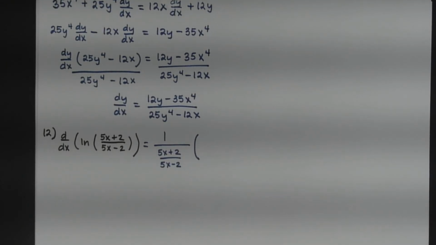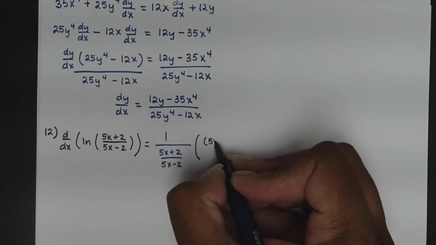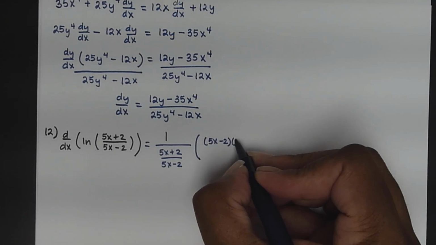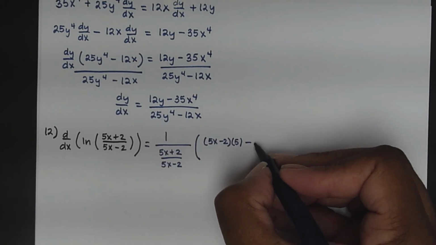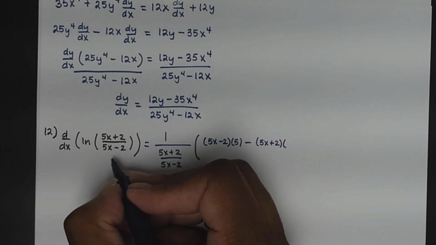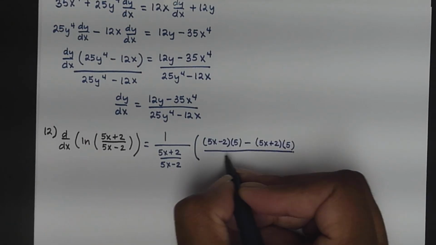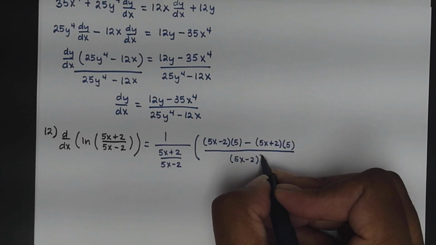So here, I'll do the bottom, which is 5x minus 2, times the derivative of the top. The derivative of 5x plus 2 ends up being 5, minus the top, which is 5x plus 2, times the derivative of our denominator, which is 5. All that's divided by the square of that denominator, 5x minus 2, quantity squared.